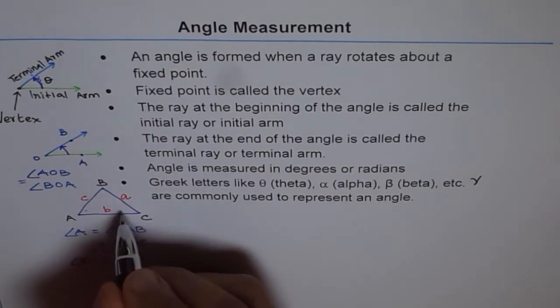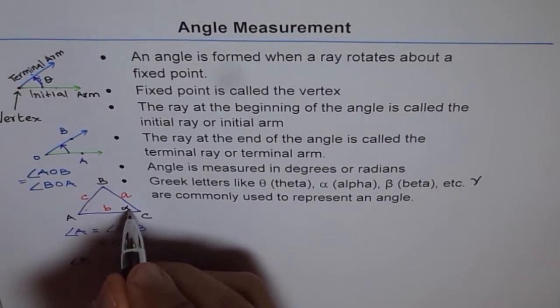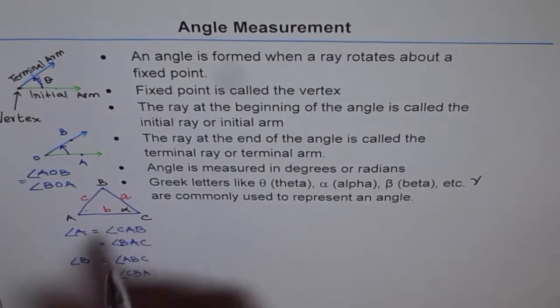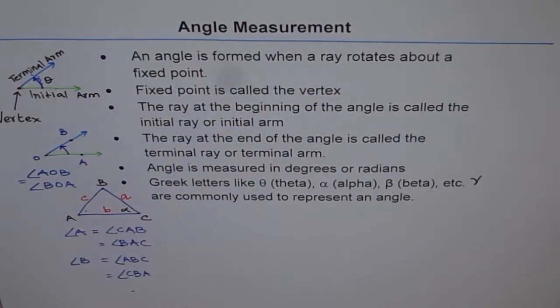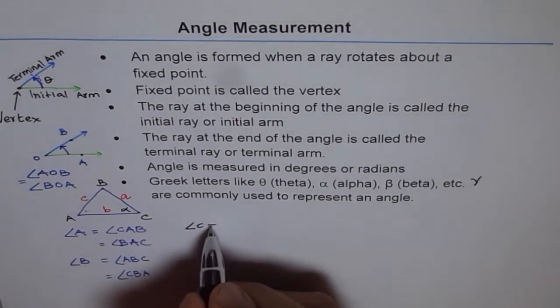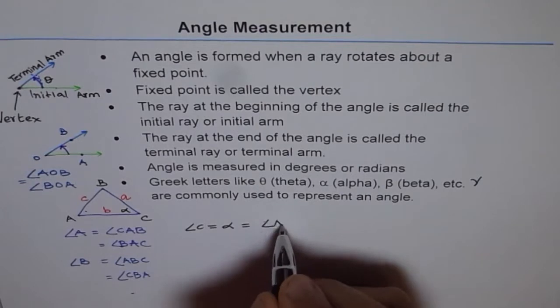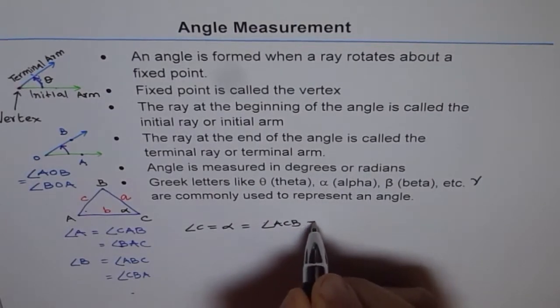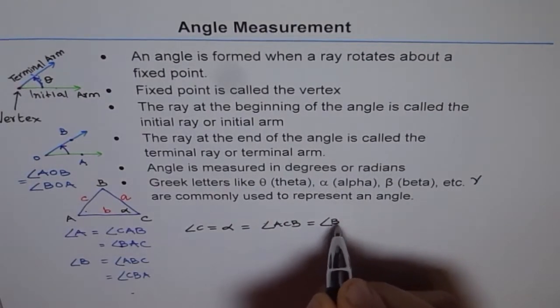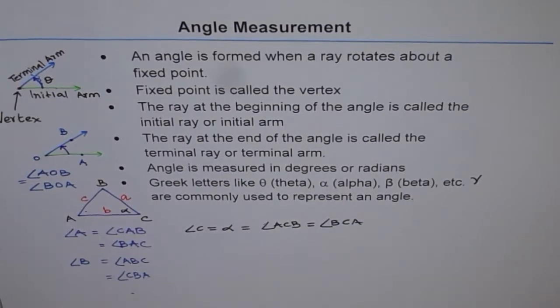So I could write alpha for C. In that case, my angle C equals alpha, which is also equal to angle ACB or angle BCA. So these are different ways of referring to the same angle.